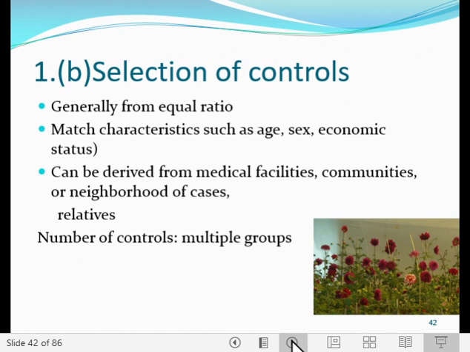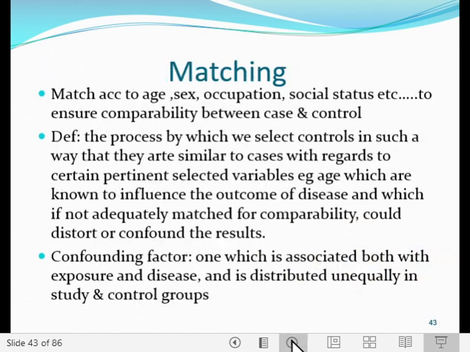The controls can be multiple groups as well according to the age and whatever criteria has been selected in the study. Next, you need to match according to age, sex, occupation, social status to ensure the comparability between the case and control.